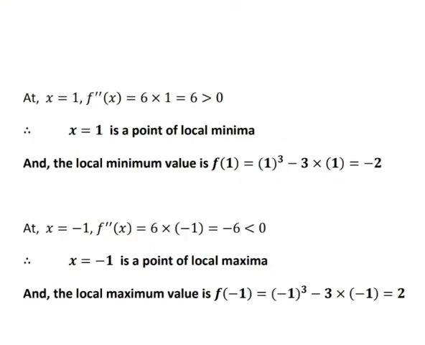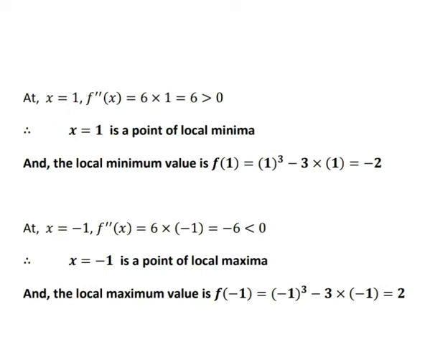So let us first of all take x equal to 1, one of the critical points, and substitute x equal to 1 in the expression of f double prime of x. So when we do that, what we will have to check is the value that you get.